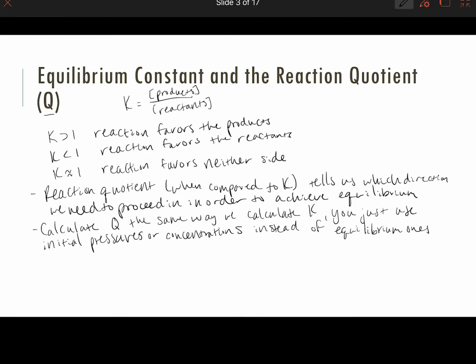So we're going to compare Q versus K. If Q is less than K, then our K value has greater amount of products than our Q value does, so we need to form more products.